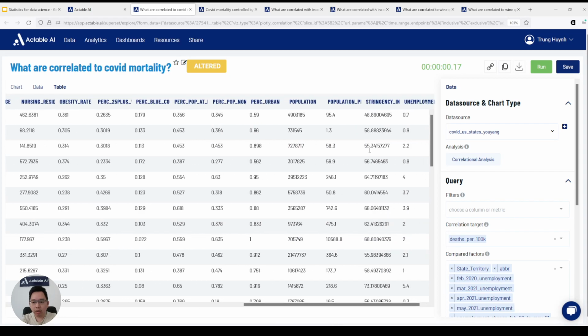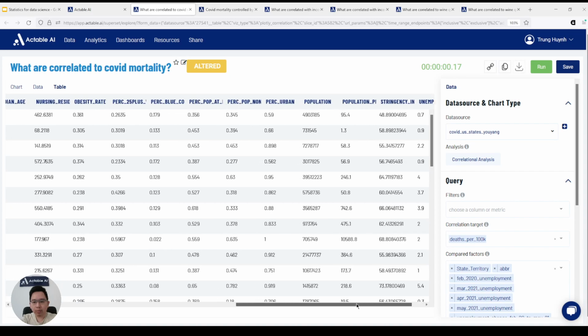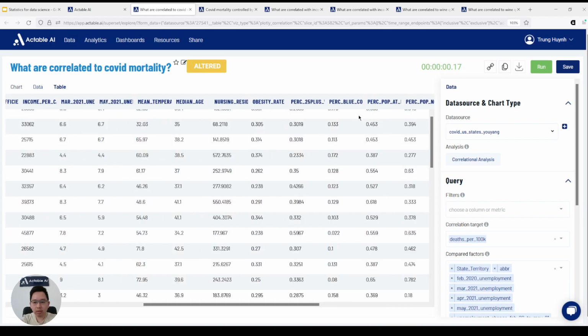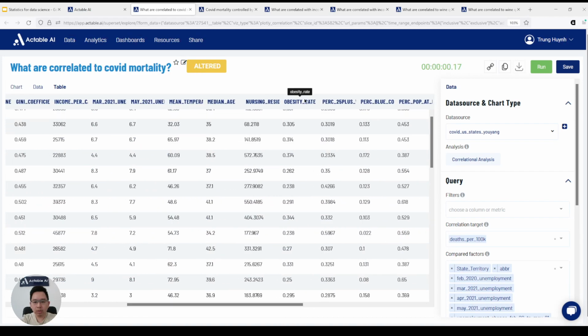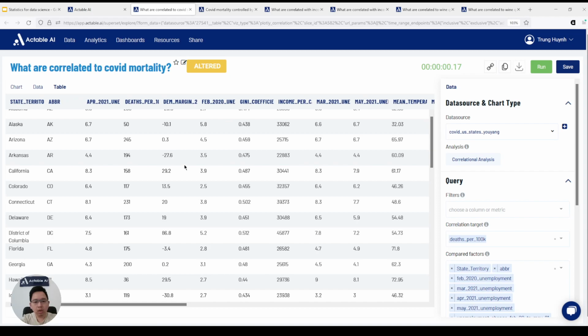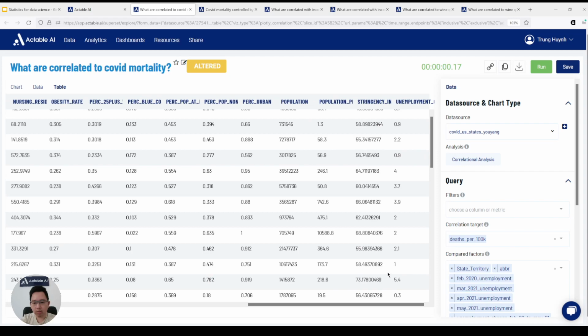I also have different attributes like the stringency index, which is how strict the measures are in each state, the population, population density, the obesity rate, the number of nursing home residents per 100,000 people, median age, and the Gini coefficient, which is an inequality index, etc. So I want to see what is correlated to mortality rate in different states.